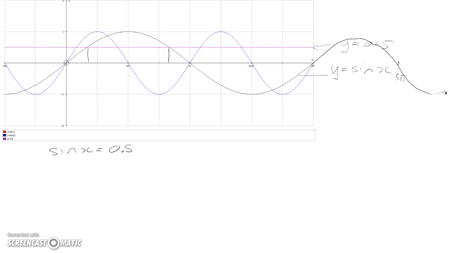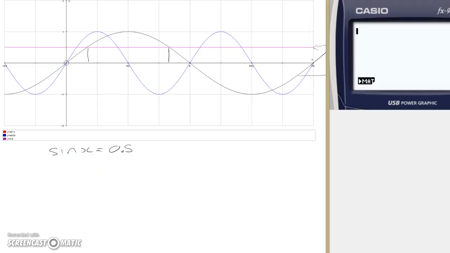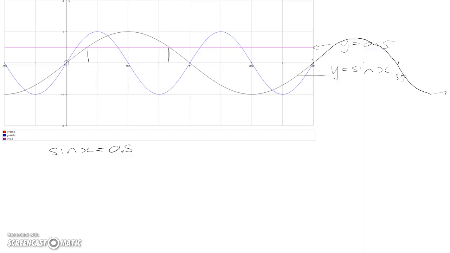Now, first of all, we are going to solve for what x is. So we get out our trusty steed, and we go shift sine for inverse sine 0.5, and we get 0.524. So x equals 0.524.